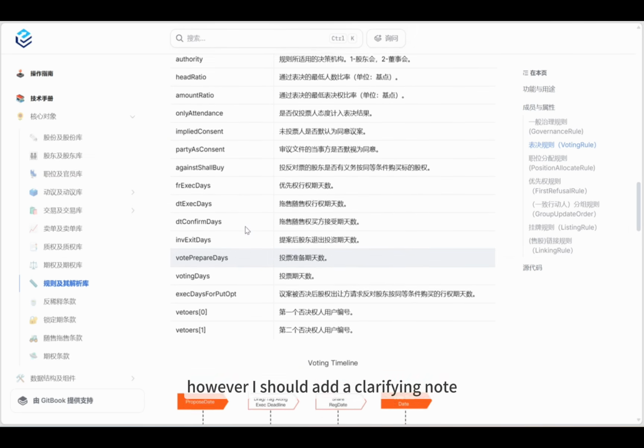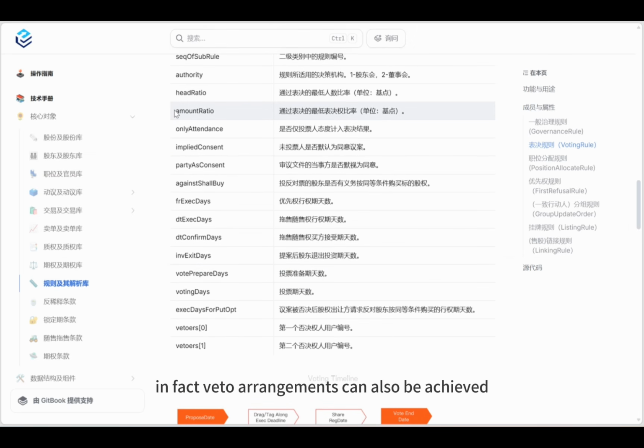However, I should add a clarifying note. In fact, veto arrangements can also be achieved using the amount ratio attribute we discussed earlier. For example, if an investor holds 15% of the target company's shares, you could set the supermajority threshold for special matters at 90%. That means unless the investor votes in favor, the proposal can never pass.